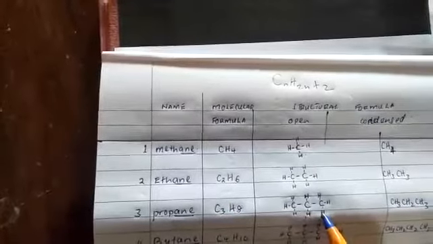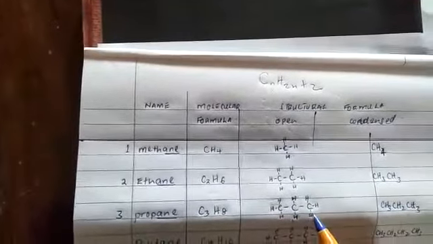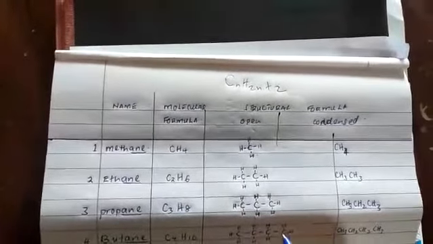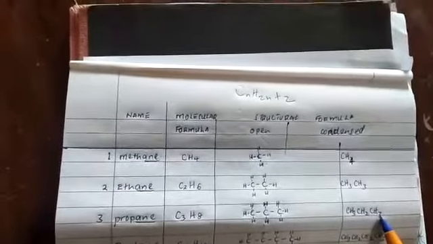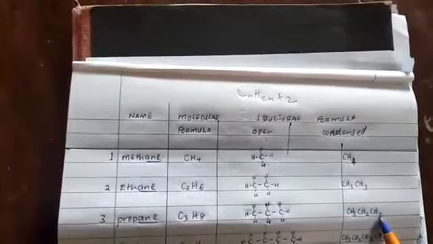The last carbon will bond to 3 hydrogens. You notice that each carbon has 4 covalent bonds. The condensed formula, the first carbon has 3 hydrogens, so that is CH3. The next one has 2, that is CH2, and then CH3. That is the third member.